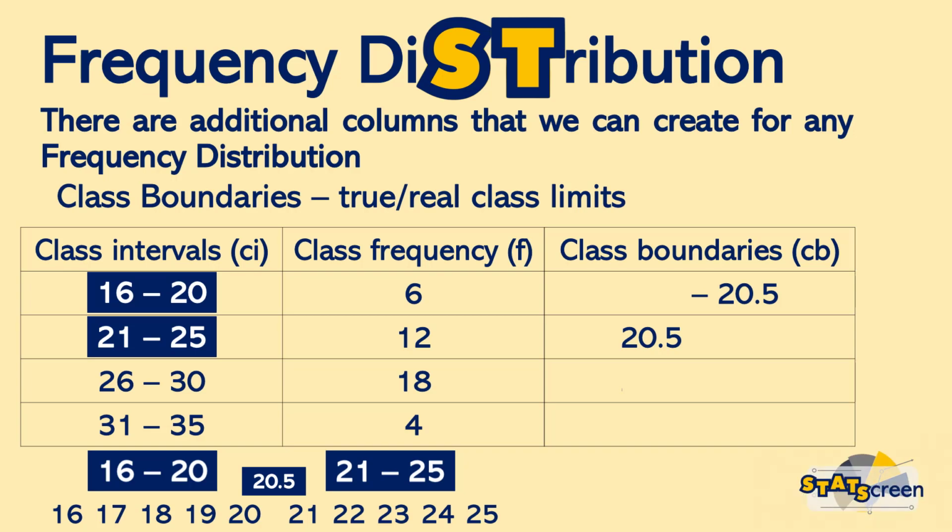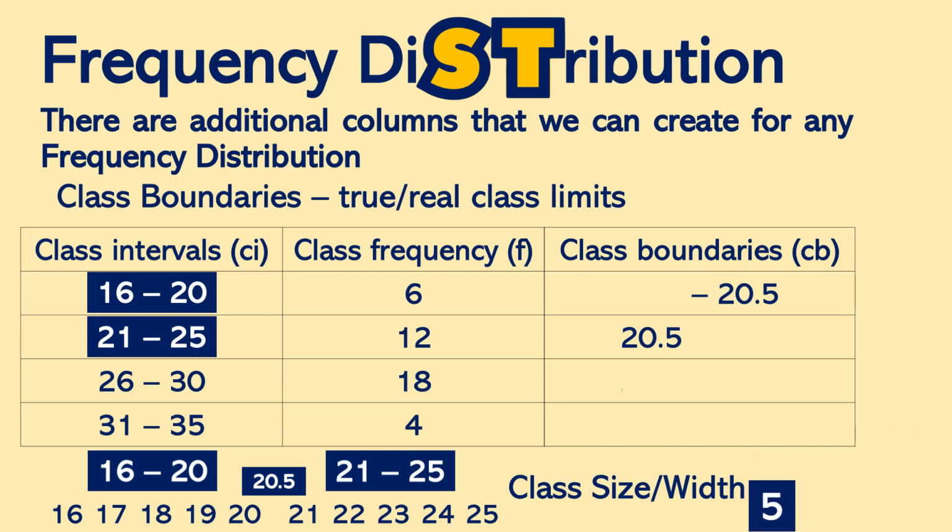To continue, we will simply add the class size or width to the boundaries. Our class size or class width here is 5, indicated by the number of possible values in integral form for each class interval. Just like for 21 to 25, we have 5. That's why the class size or the class width is 5.